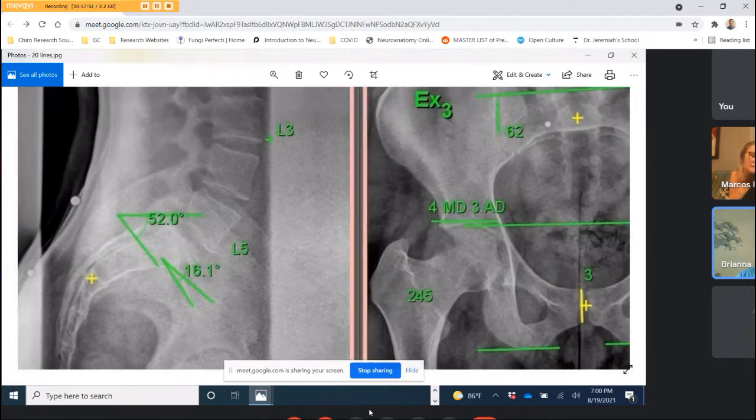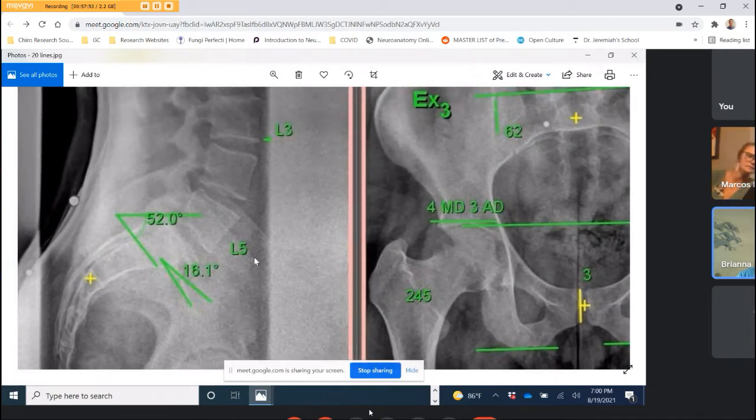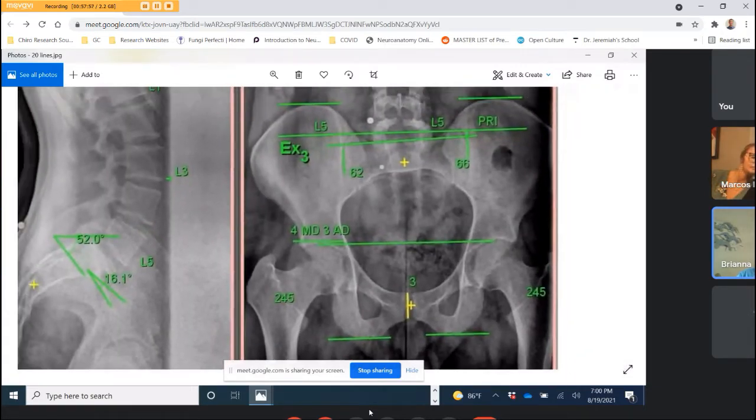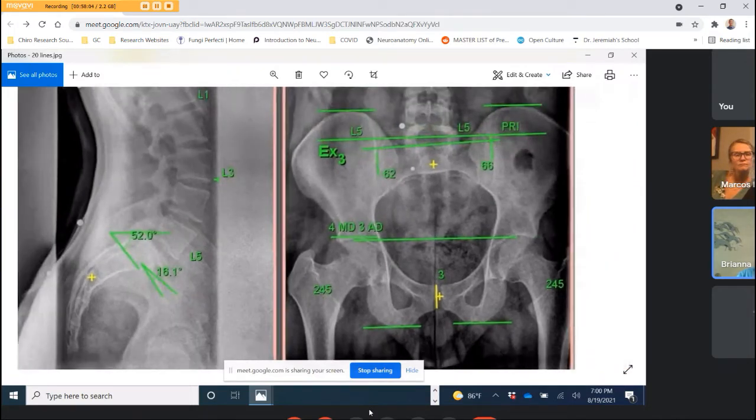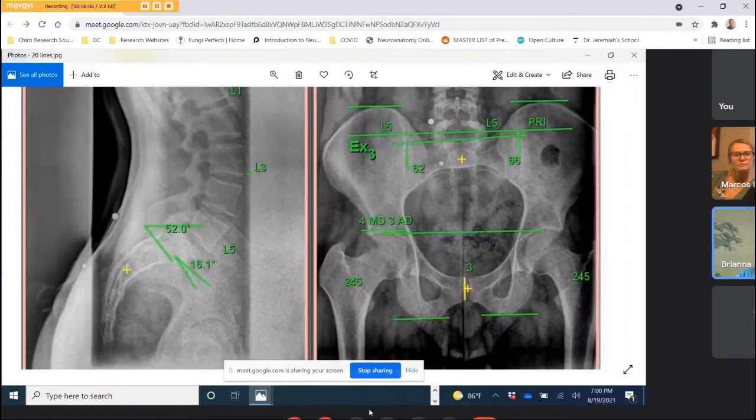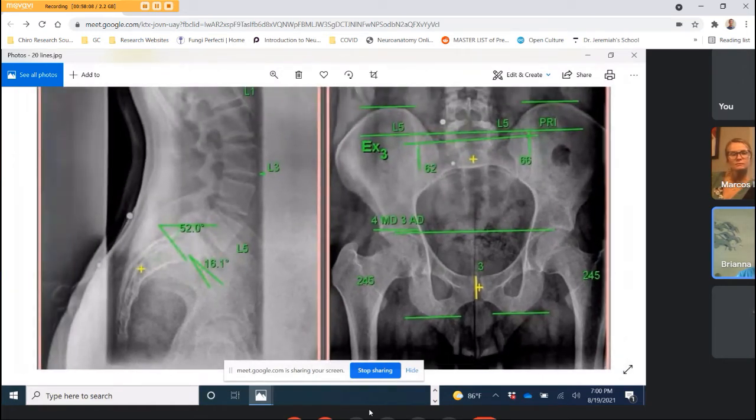He's showing a hyperlordosis there. He's got that left ilium as an EX, but he's saying his measurement of the iliums are equal. 245, 245.